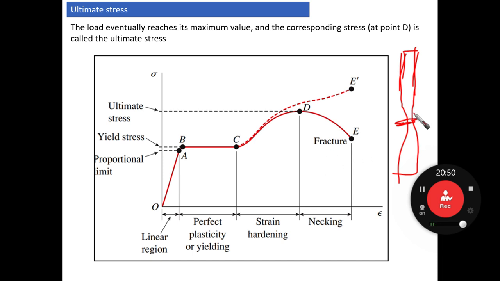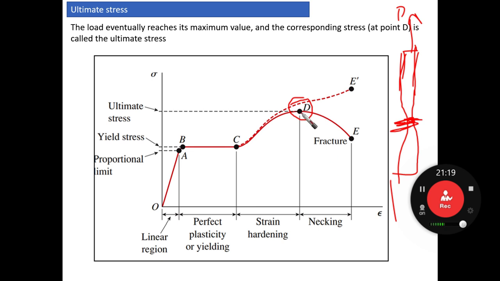What is happening here at point D? The specimen starts to have some contraction at the middle. So the area that is resisting the applied force, if we have applied force here and here, for example, the area used for the applied force is going to decrease.